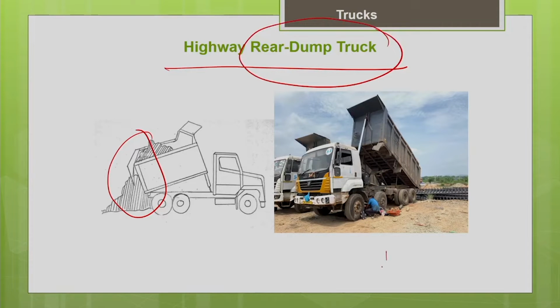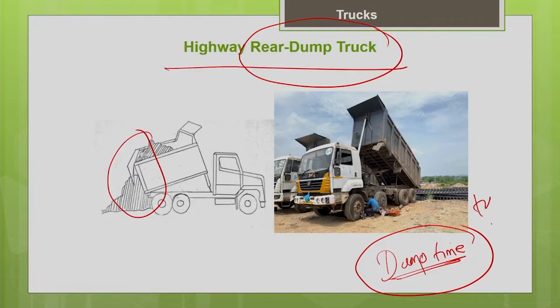But if you look into the dump time, when you go for rear dumping, it takes a little bit more time. This is because since you are dumping at the rear end, you have to correctly locate the location where you have to dump it. Sometimes you have to travel some back distance to exactly locate the place and then dump it. So this may increase the dump time. So for the rear dump mechanism, the dump time is slightly higher.